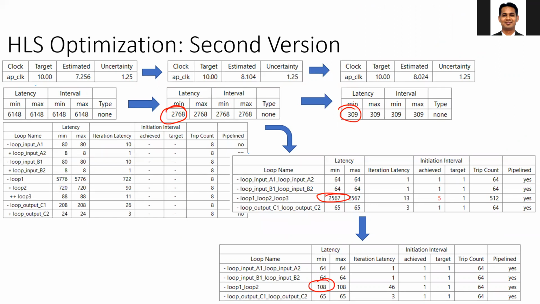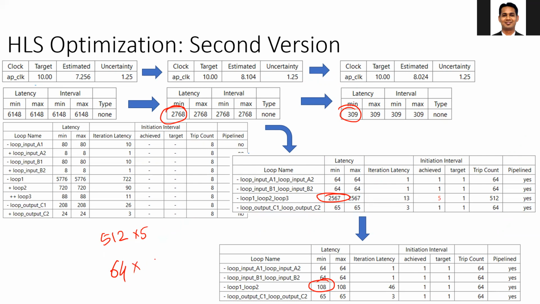Here you can see that I had 512 iterations, and each iteration took an initiation interval of 5, and that's why it came out to be around 2567. Now instead of 512, I have reduced the number of iterations to 64 because I have unrolled the last loop, and each iteration is taking 46.